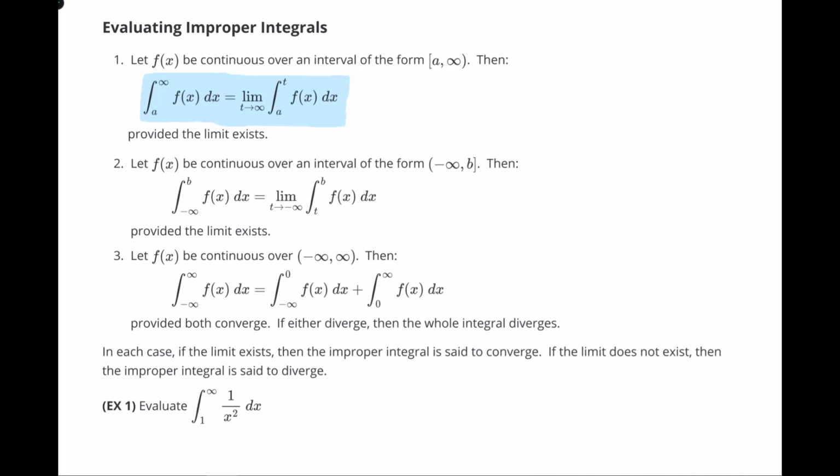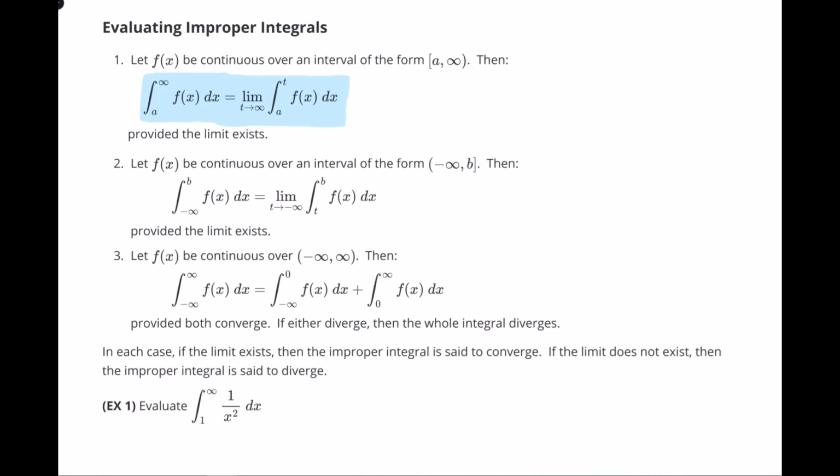Or you can be doing this on an entire interval from negative infinity to positive infinity, in which case you have to break this up into two separate limits, one going from negative infinity up to some point in the middle, which 0 is probably the easiest one to use, and then going from that point up to infinity, and then basically doing the first two cases separately.